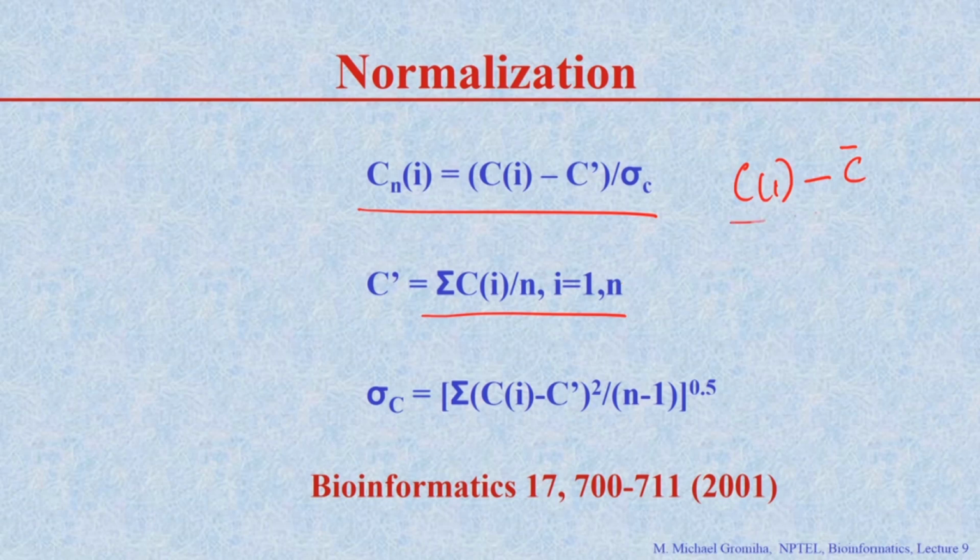What is sigma? Standard deviation. How do we get the standard deviation? It is C of I minus the mean of C.